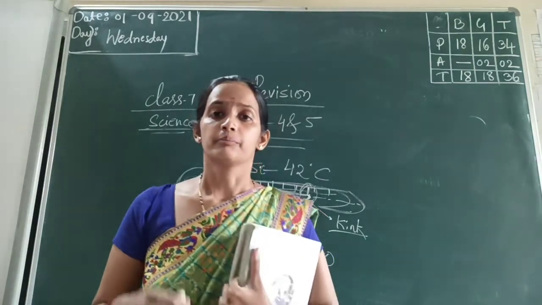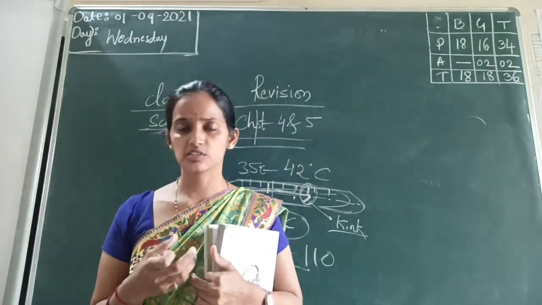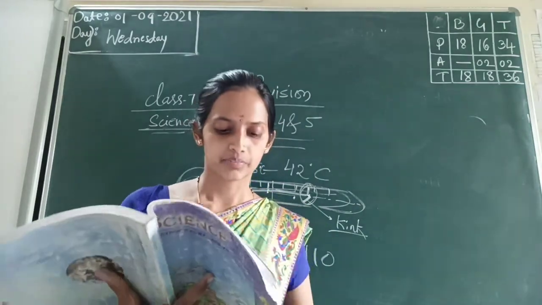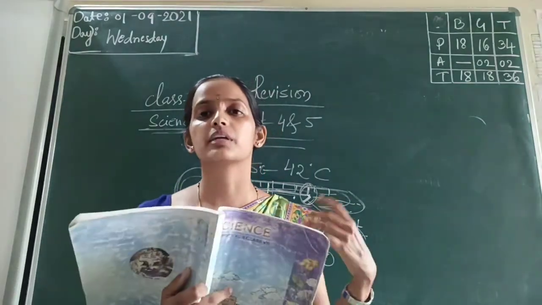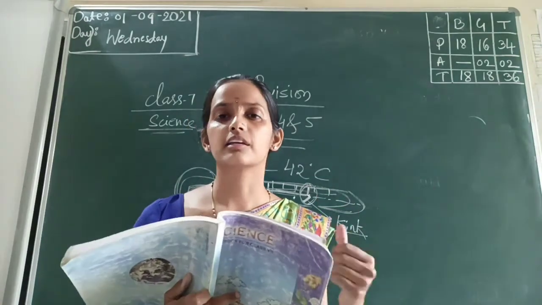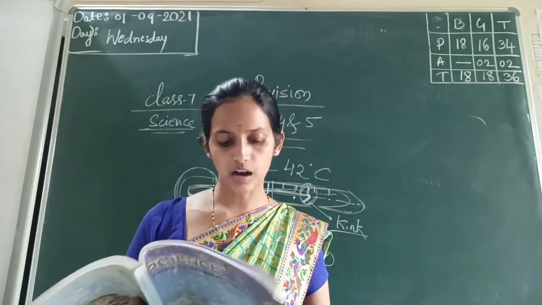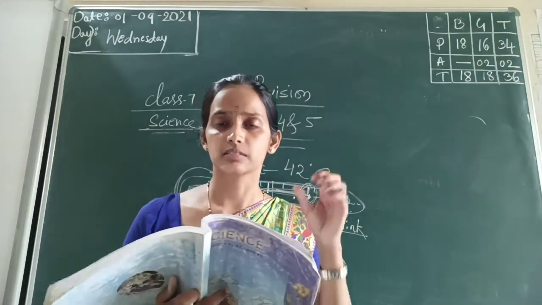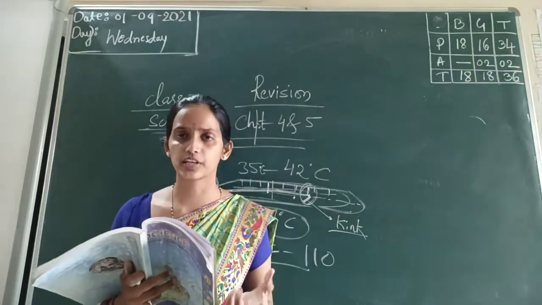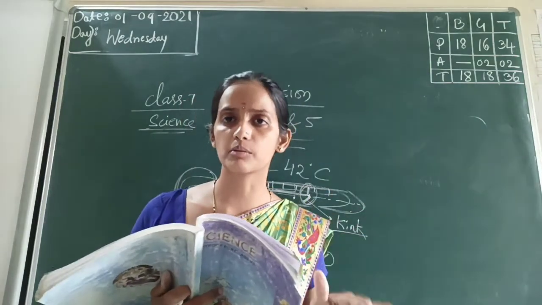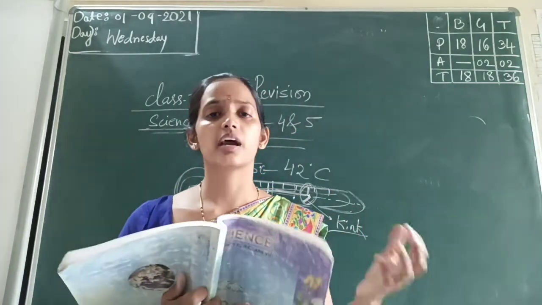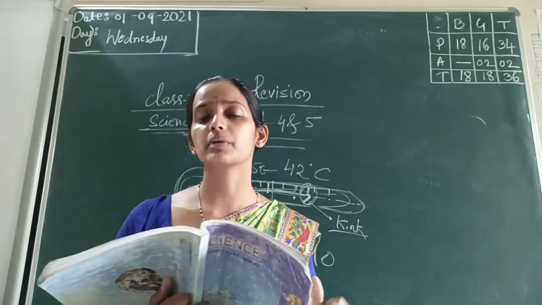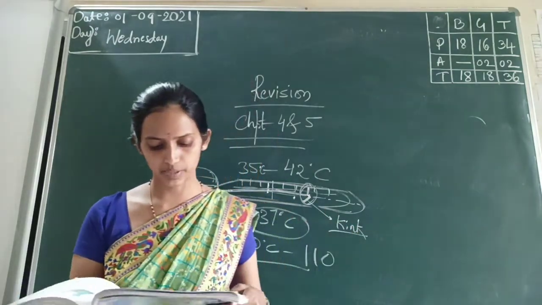So basically mercury is very dangerous and harmful for health. Whenever a thermometer breaks accidentally, disposing of it is a problem, as mercury is a very harmful chemical. That's why nowadays digital thermometers are available for measuring temperature.